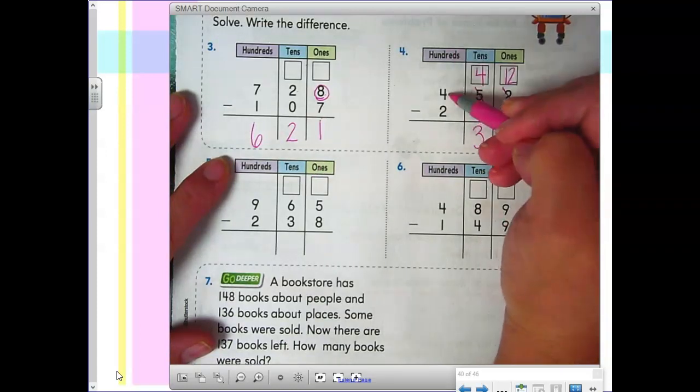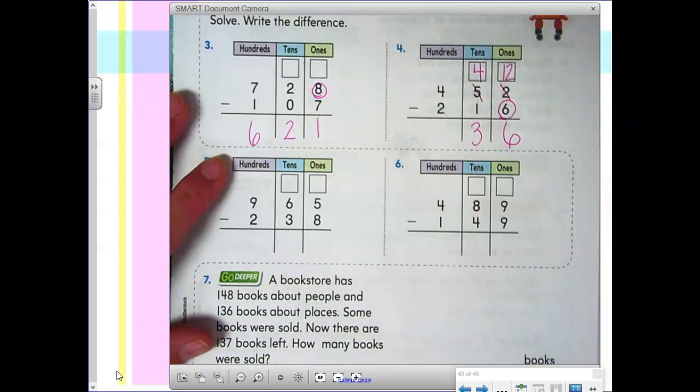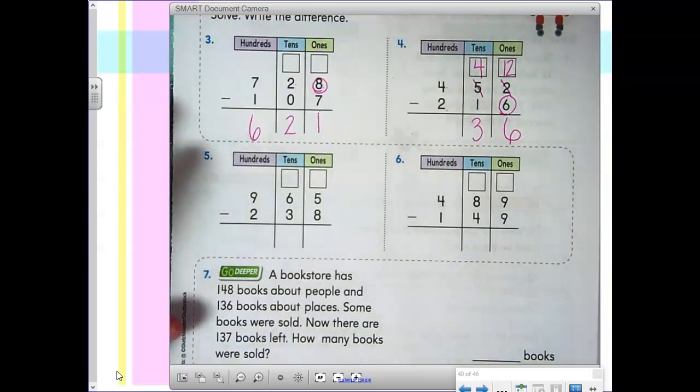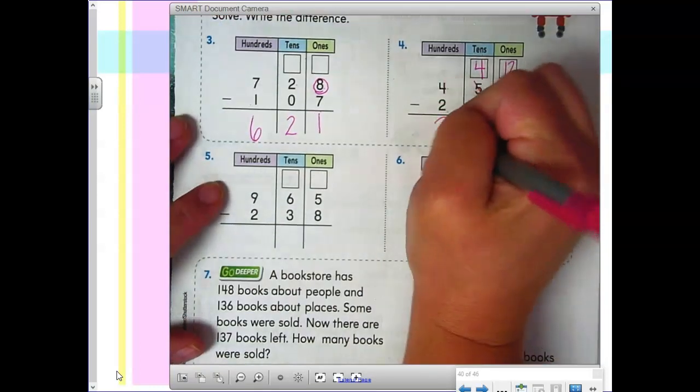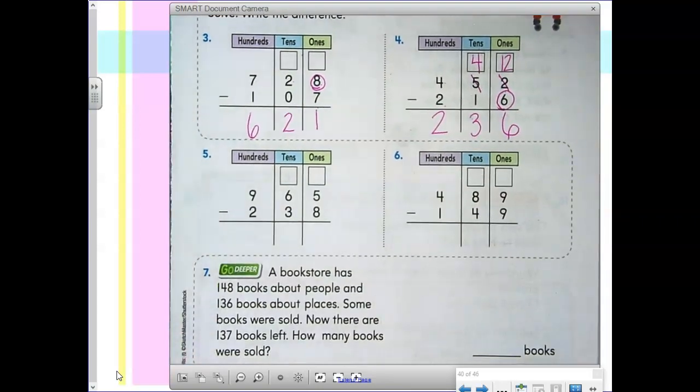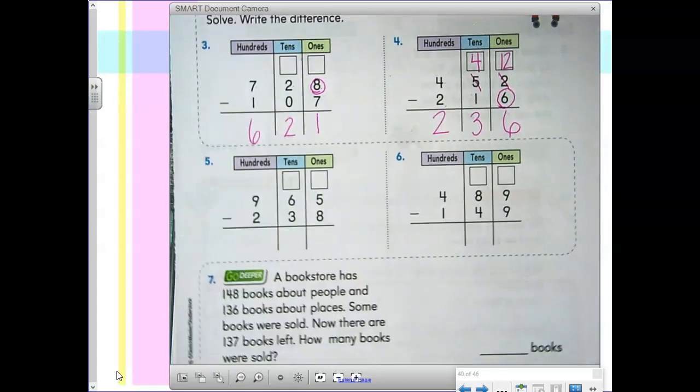And then in the hundreds place, 4 minus 2, 4, 3, 2. Your answer is 236. Number 5.